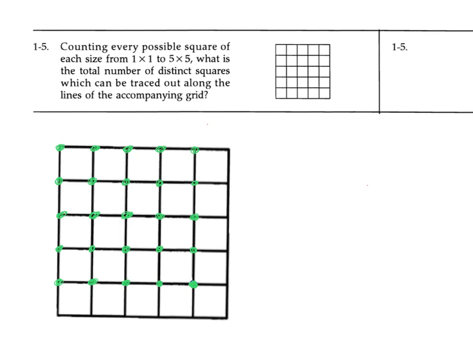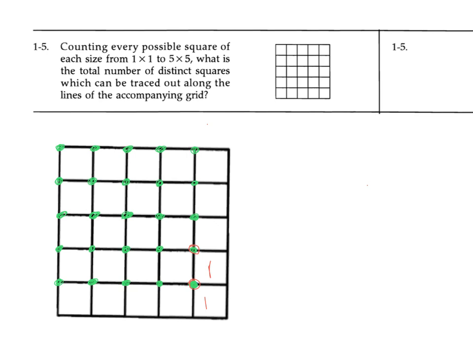So for instance, this bottom right square is the only square that has this as the upper left-hand corner. So I want to put a 1 there. This upper left corner here can only serve as the upper left-hand corner of one square, and that's this one. Same here.